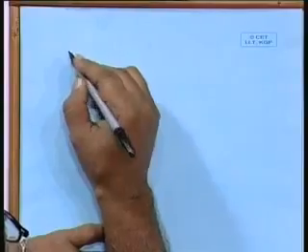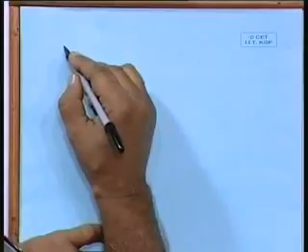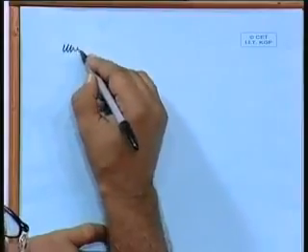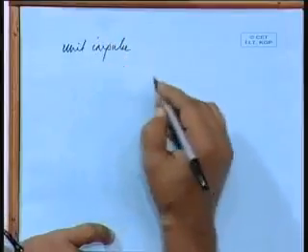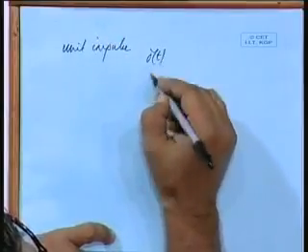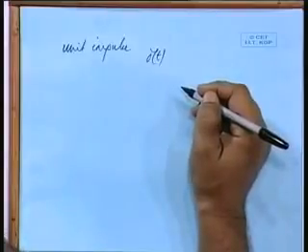Okay. So, gentlemen, we will continue with the discussions on signals. Last time we were discussing impulse functions. A unit impulse will be denoted by delta t.